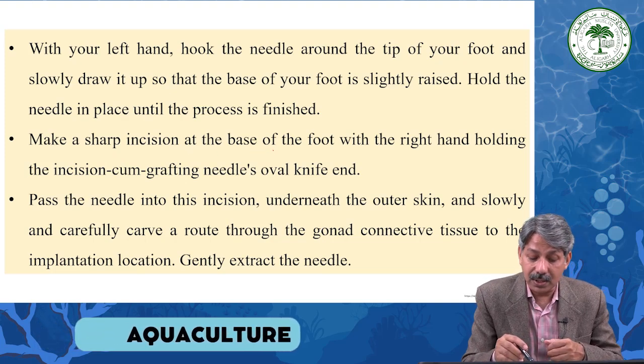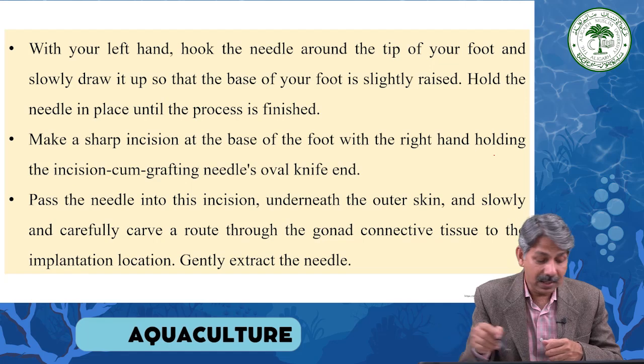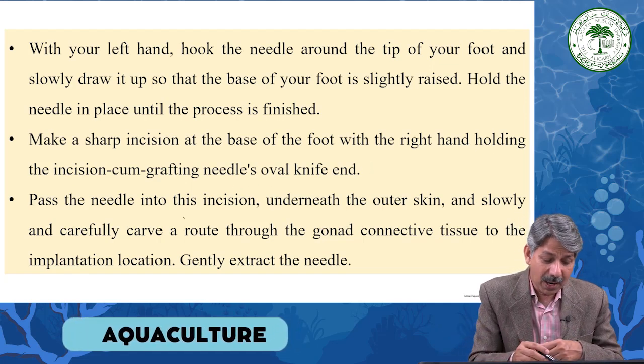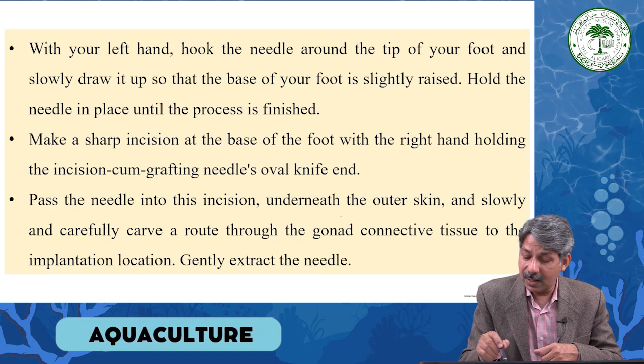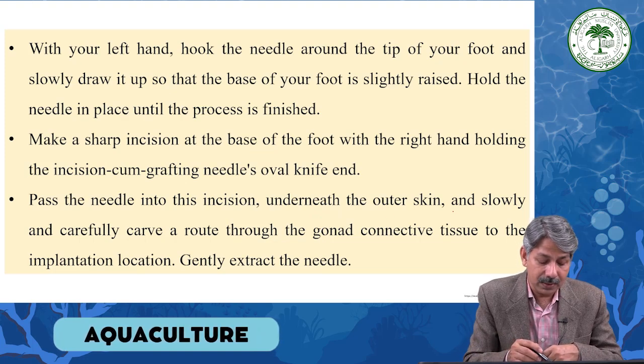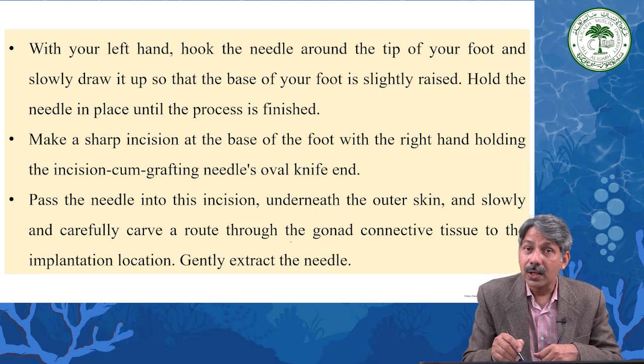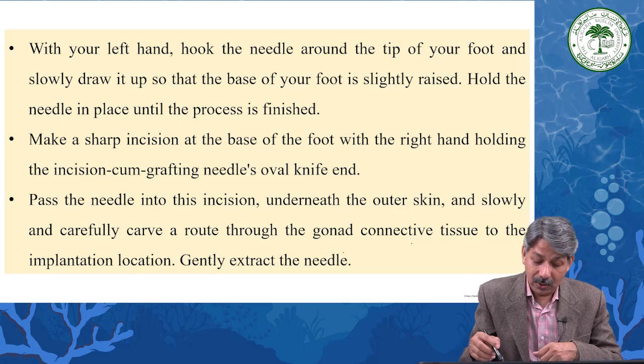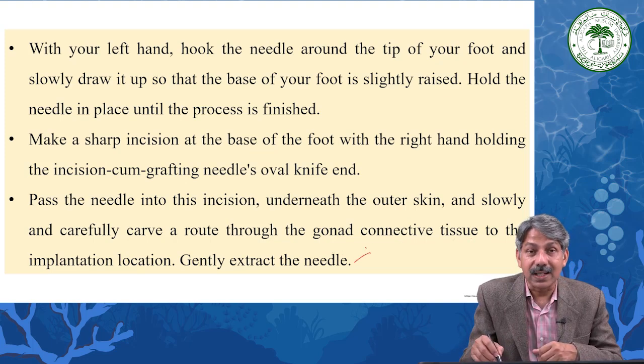Make a sharp incision at the base of the foot with the right hand, holding the incision cum grafting needle's oval knife end. Pass the needle into this incision underneath the outer skin and slowly and carefully carve a route through the gonad connective tissue to the implantation location. Now gently extract the needle.